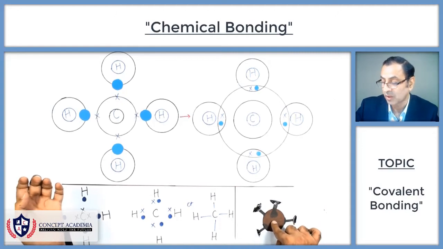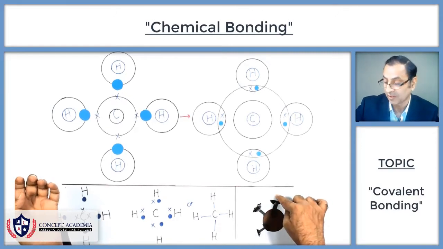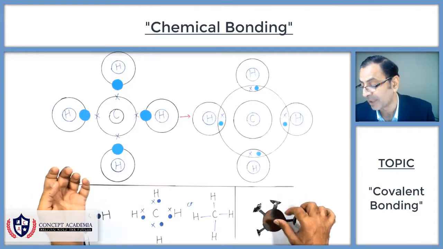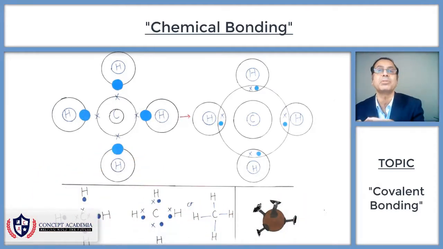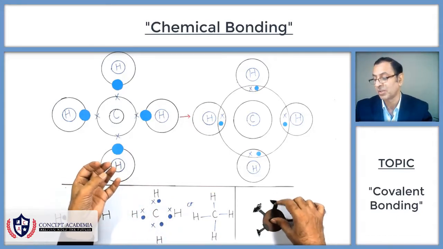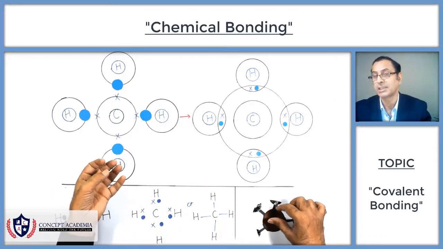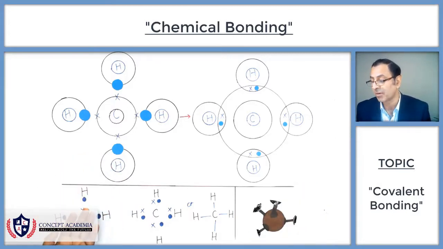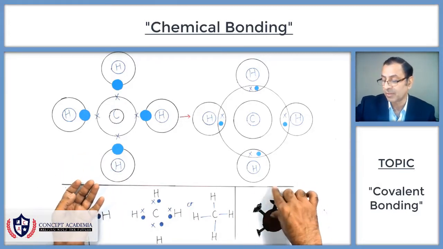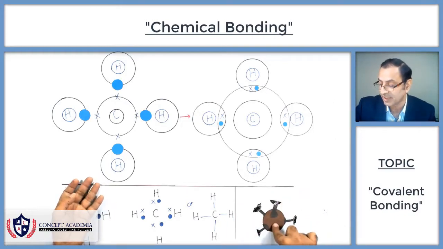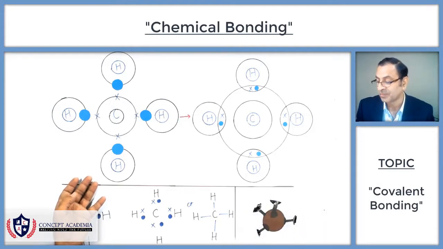The proton of carbon and the proton of hydrogen will attract the electronic cloud lying between carbon and hydrogen, and that will bind them together and make that bonding between carbon and hydrogen. As it is a bonding formed by the sharing of electrons, it is a covalent bonding. So the first covalent bond, the second covalent bond, the third covalent bond, and the fourth covalent bond, this is for carbon and this is for hydrogen.